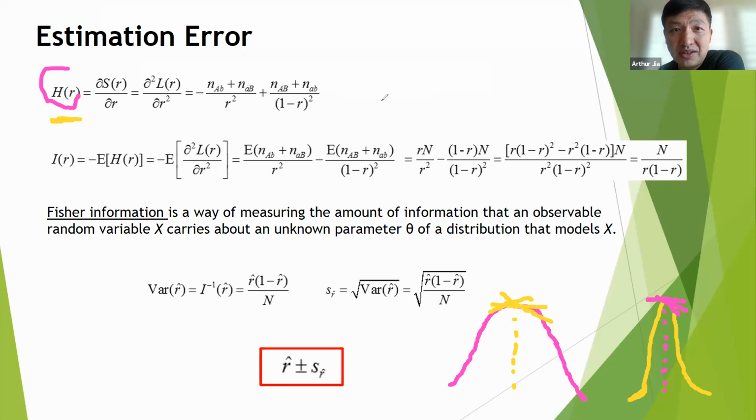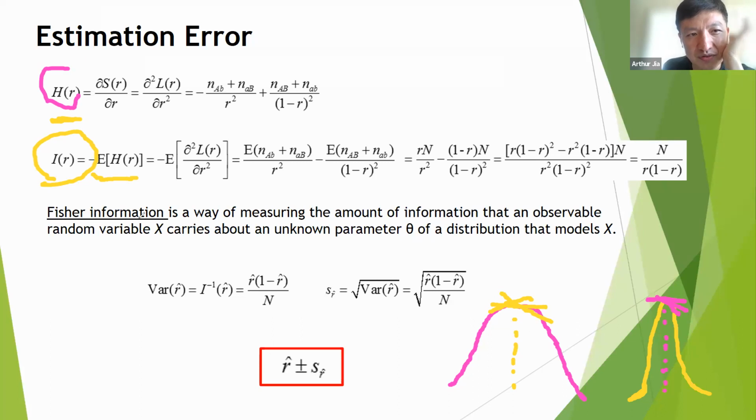If you take the minus expectation of this H function, this gives you the information function, which was invented by Fisher.